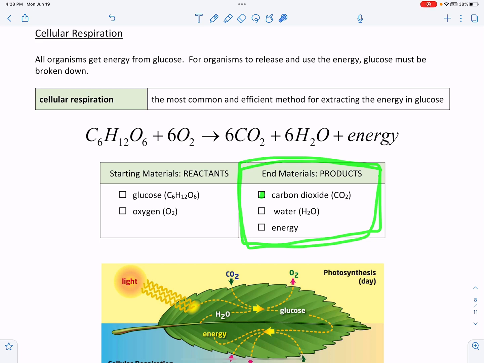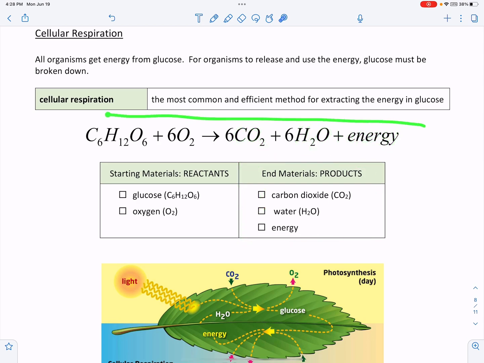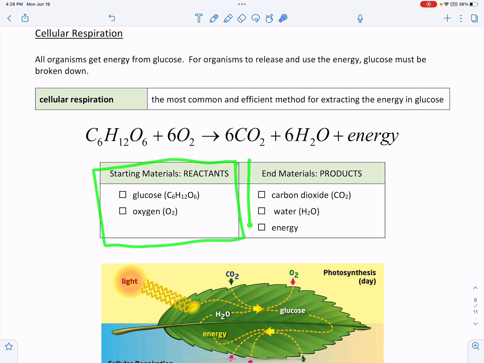The first is carbon dioxide. The second is water. And the third is energy. It's your responsibility to know the chemical formula for cellular respiration and be able to identify the starting materials or reactants and the end materials or products.